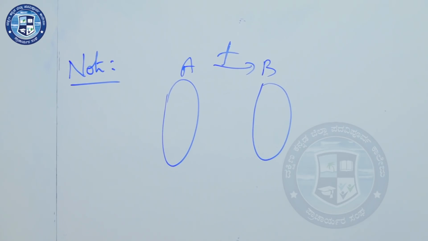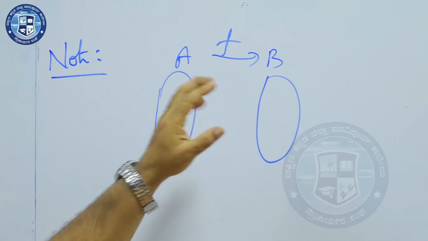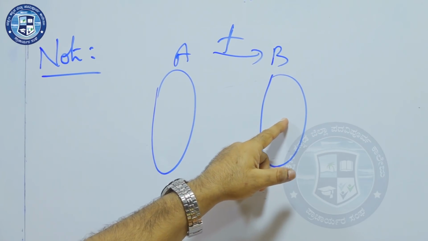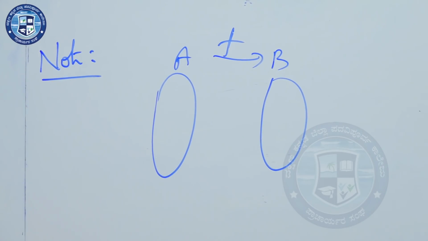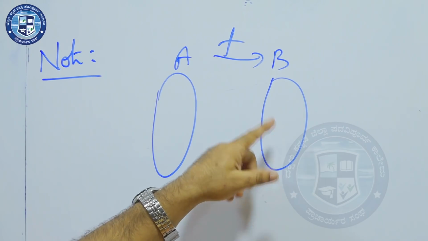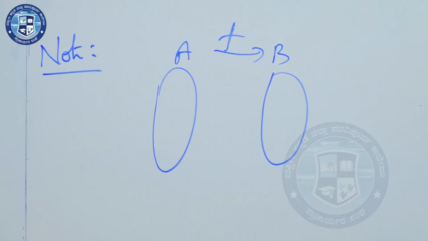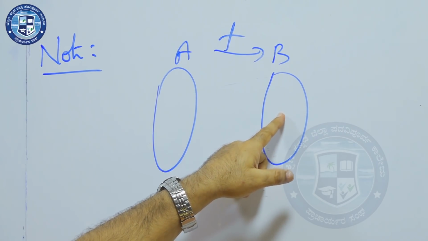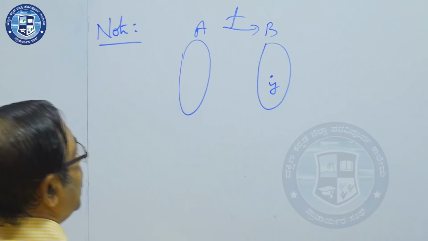For the function to become onto, only one condition is needed: all the elements of set B must be images of some elements of set A, or there should not be any element in B which is left out without being an image of A. So in a simple idea, all these elements of set B must be images. Let me consider some element y.